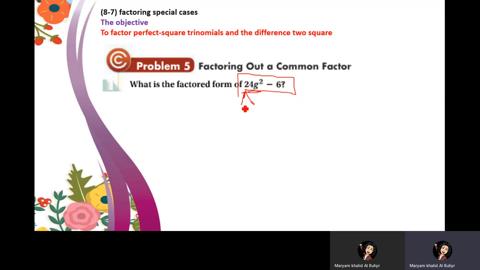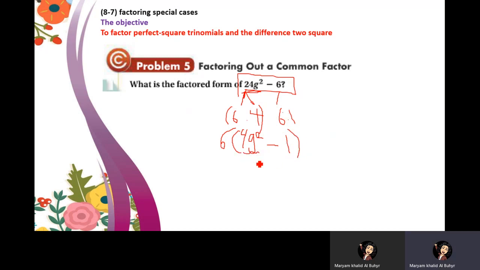This one, I can factor out 6 times 4, which gives me 24, while this one I can say is 6 times 1. So I can factor out the 6. So I will have 6, and then inside, 4g to the power 2 minus 1, because I took the 6 outside.